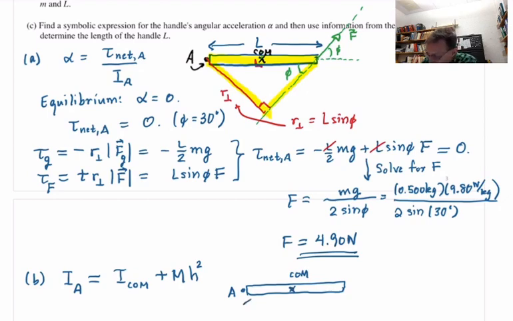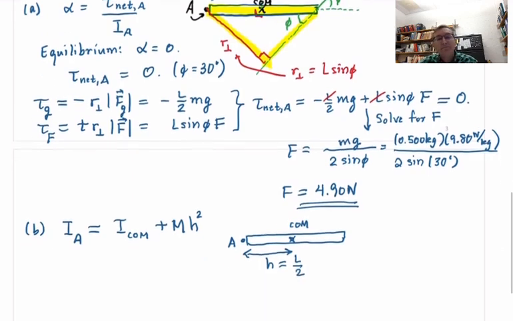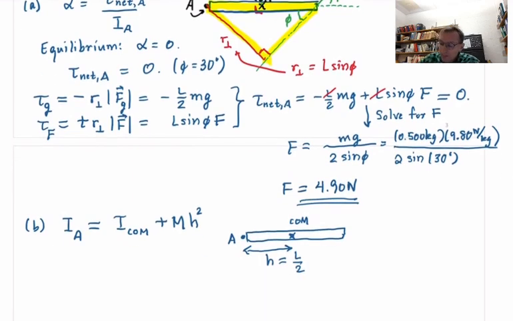H is simply the distance between those two axes. In this case, H is that distance, which clearly in our case is half the length of the stick. Yes, L over 2. So that's what we're going to use for H. So let's write that. M times L over 2 quantity squared.